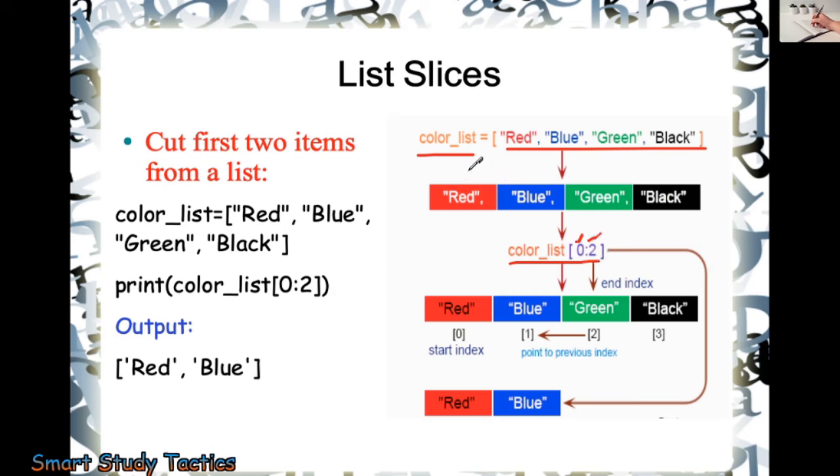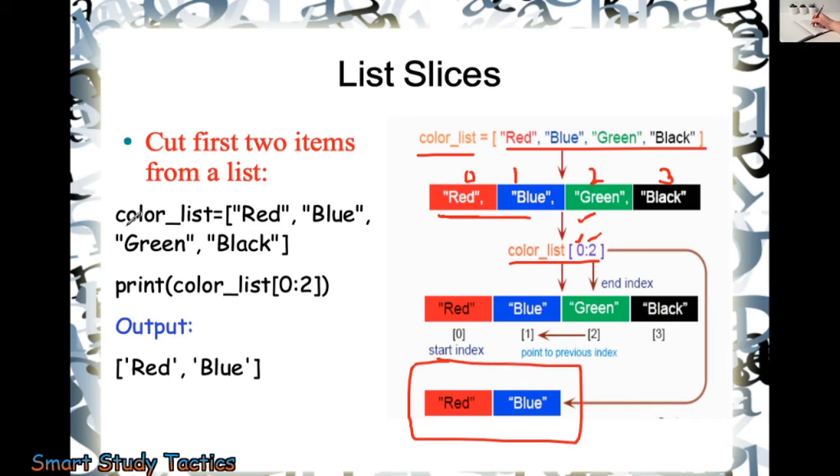I think we have cleared the index values 0, 1, 2 and 3. So 0 to 2 means 0 and 1, not accepting 2. It is less than the ending value. Make sure it is less than the ending value. So it will take 0 and 1, and it gives the output red and blue.